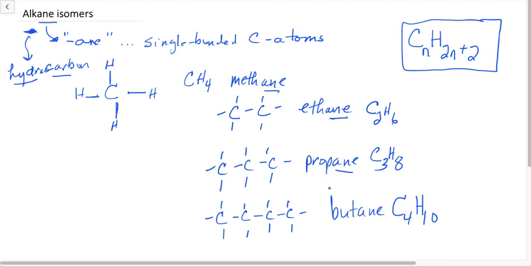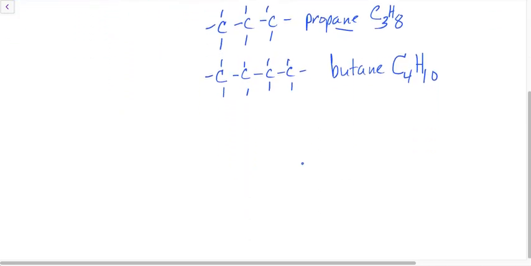However, if we take a look at butane, we're going to notice that we could take butane and go 1, 2, 3. Now imagine we just picked this carbon up here and pulled it off, and moved it somewhere, say to here. Following the octet rule, each carbon wants to bond 4 times.